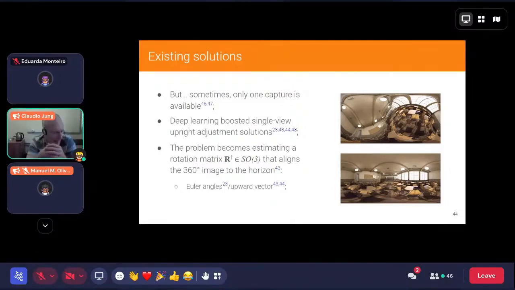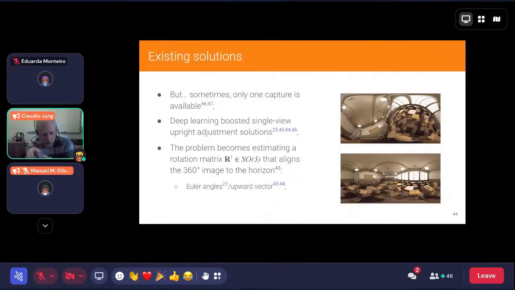which might be kind of a small detail, but they do have impact on the network design, specifically when you talk about angular information, because you have the circularity issue. I mean, a rotation close to 0 degrees is very similar visually to a rotation close to 360 degrees.